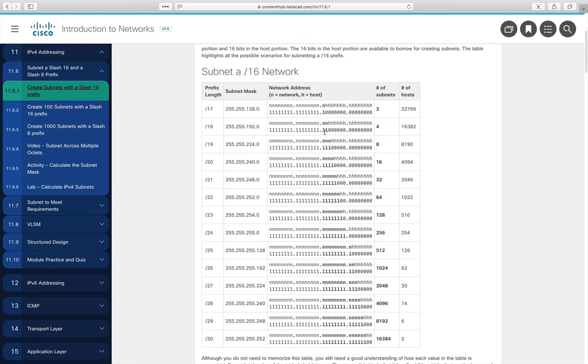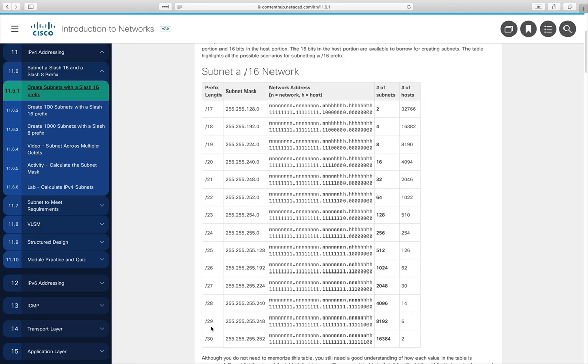So we have 2 bits here. They can have possible combinations 00, 01, 10, 11. So those are the 4 new subnets. And each of those new subnets can have 16,382 hosts in it.